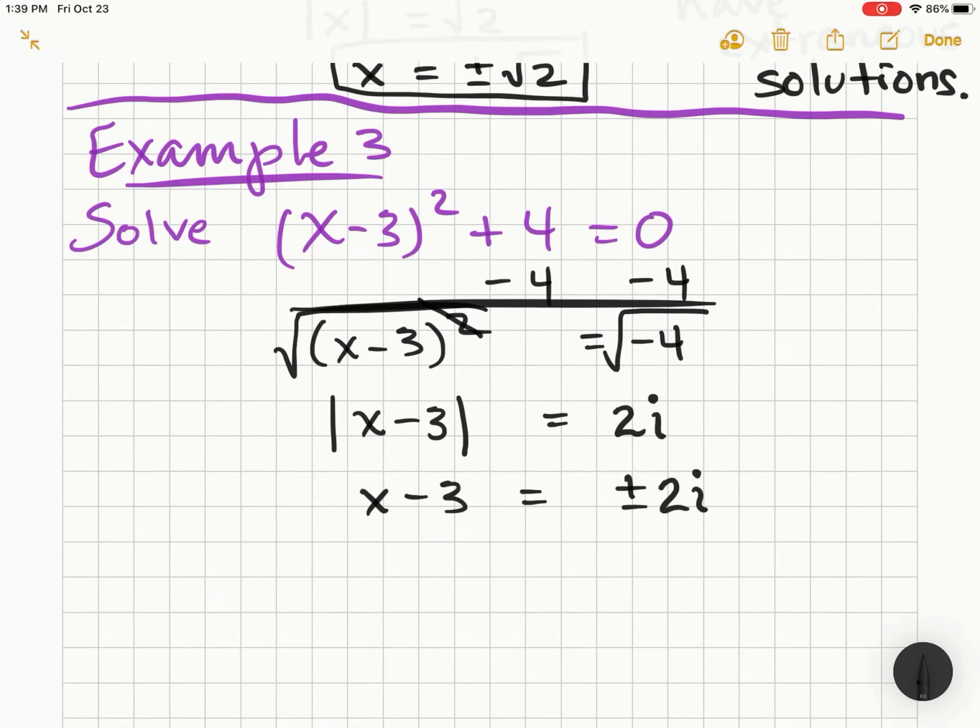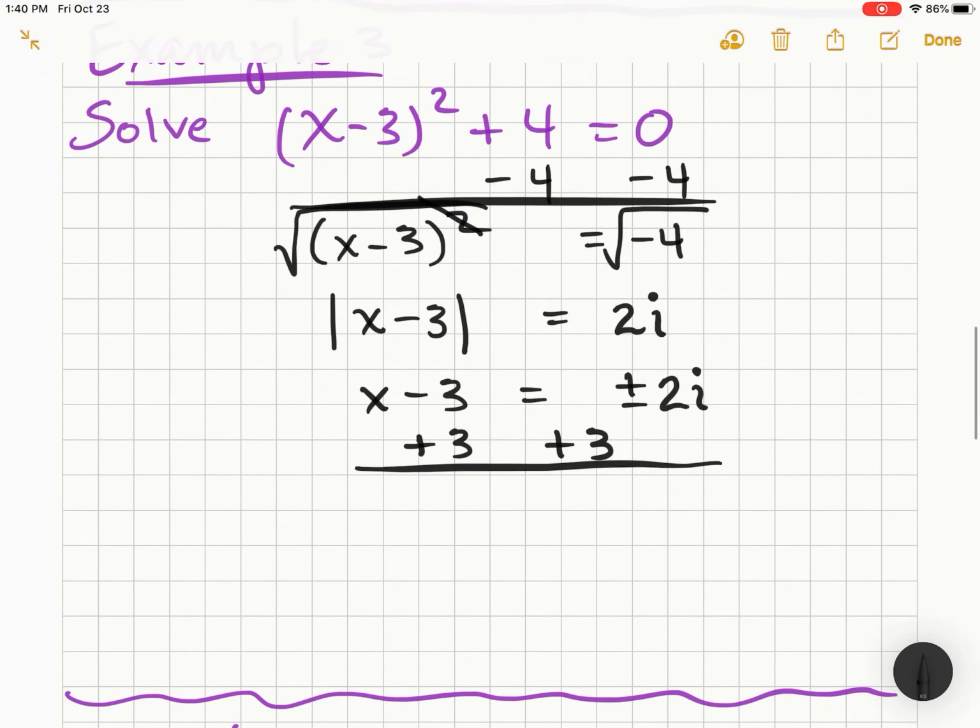Now here's where I want you to be careful. When you add 3 to both sides, I want you to put it in front of the plus or minus. And this is just kind of a math etiquette thing. 3 plus or minus 2i.